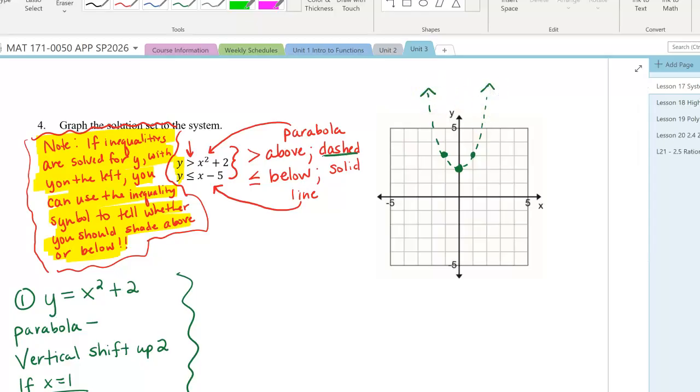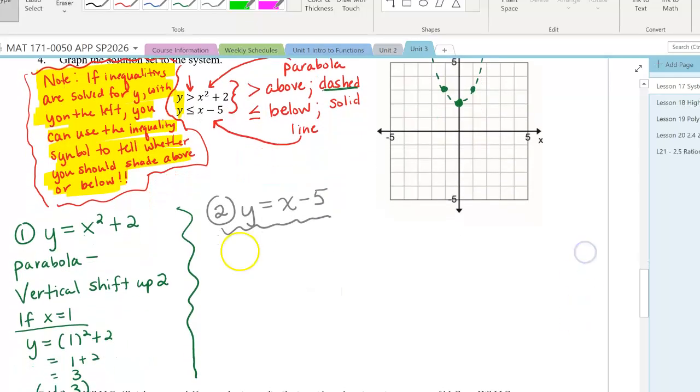Now let's look at the second related equation, which would be y equals x minus 5. This one is in slope-intercept form. Remember y equals mx plus b. So our y-intercept, b, is negative 5. So we're going to have the point 0, negative 5 on the graph.